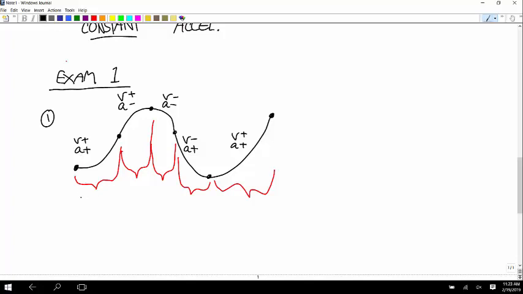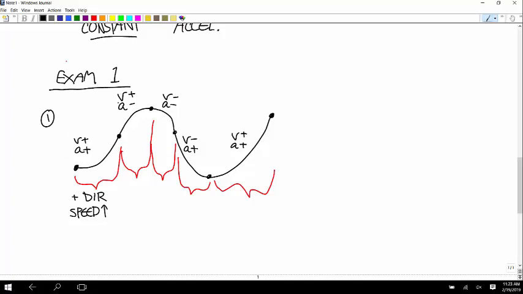So it's moving in the positive direction because that's related to the velocity. Acceleration is positive, is right there. And it's speeding up because the signs of velocity and acceleration are the same.